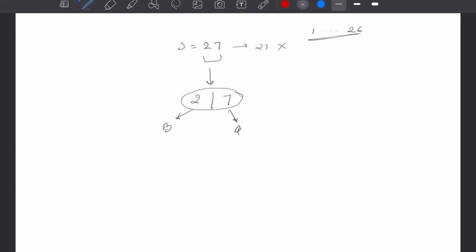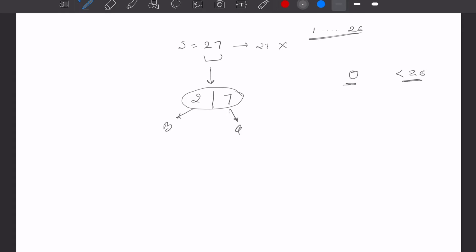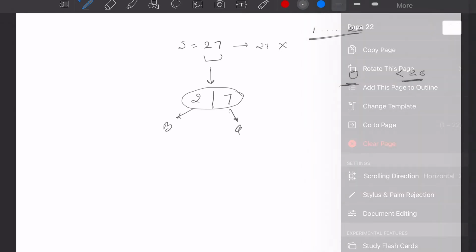So in this way we will have to consider two out-of-boundary situations, which are 0 and anything greater than 26, right? Because we will not be able to map them to any valid mapping, also we will not be able to decode them, right? So I hope now the problem is clear. Now let's see how we can solve it.